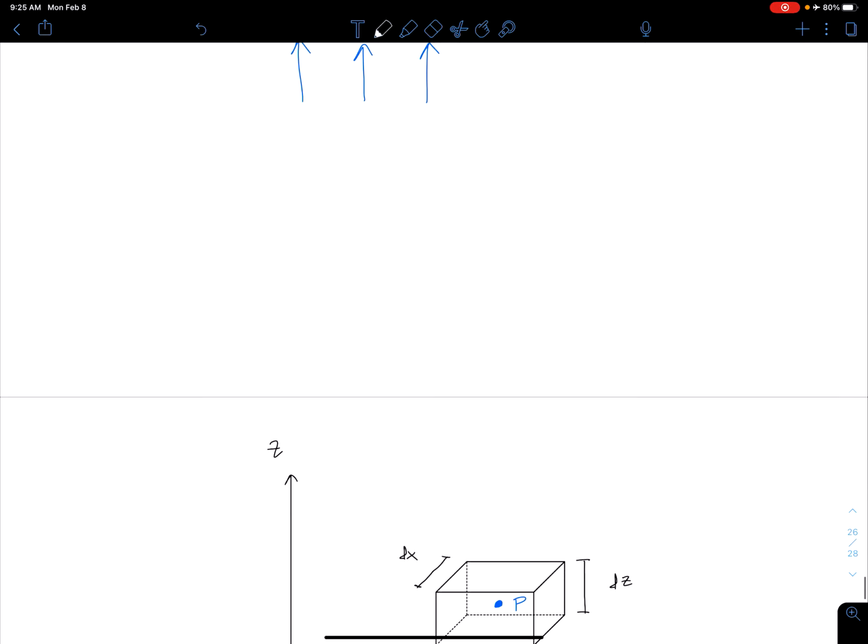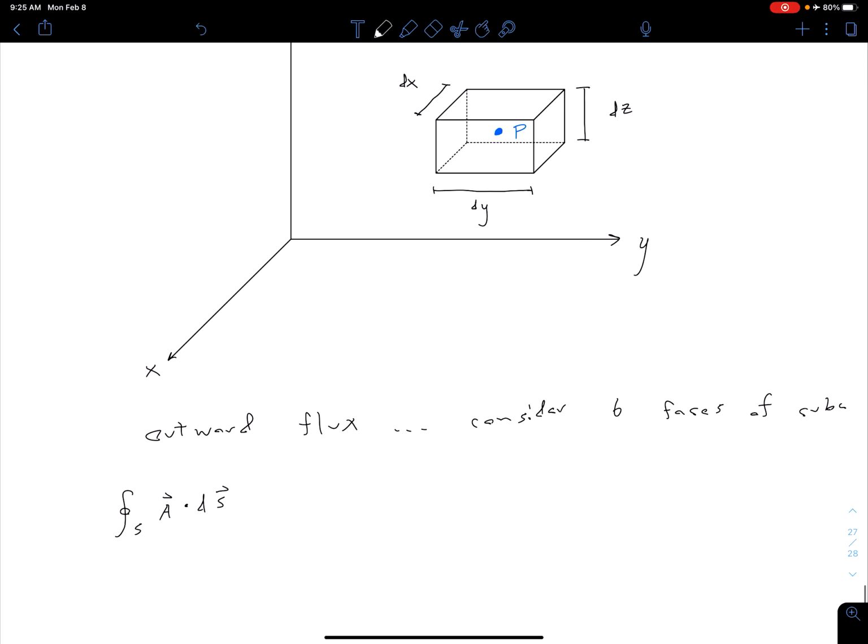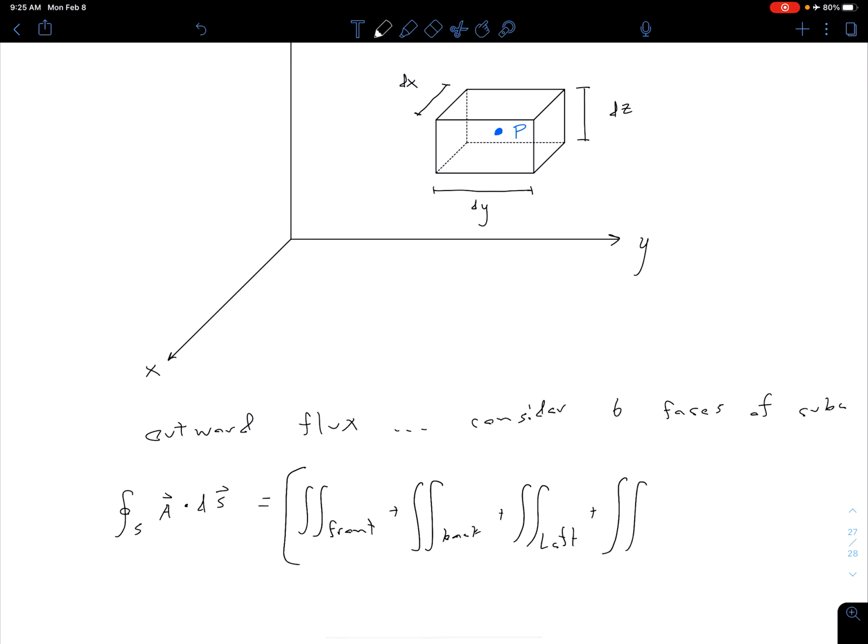So if we want to evaluate this for our differential volume shown above, we end up doing 6 separate integrals. We have the integral over the front face of the cube, plus the integral over the back face of the cube, plus the integral over the left, plus the integral over the right.